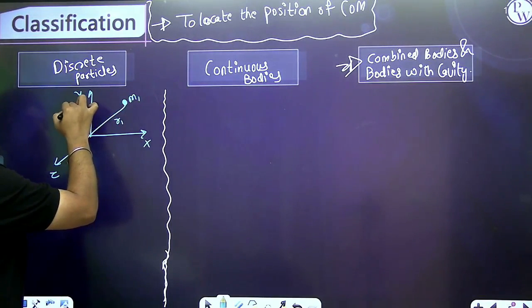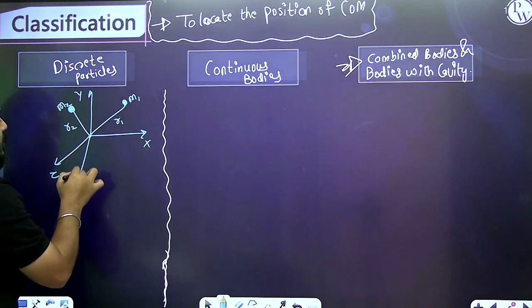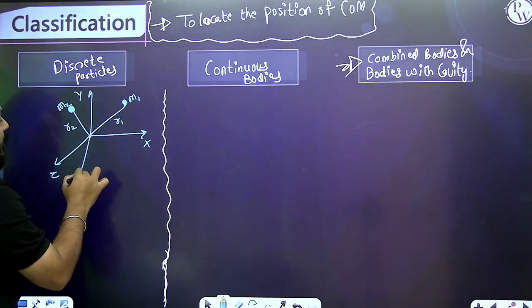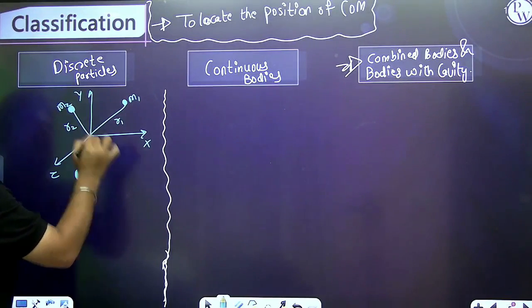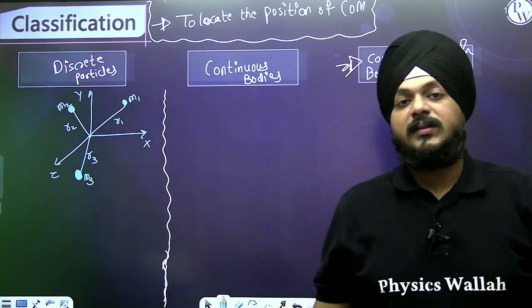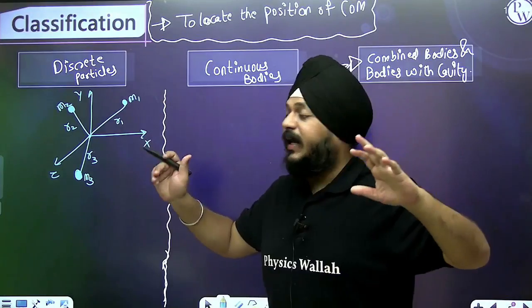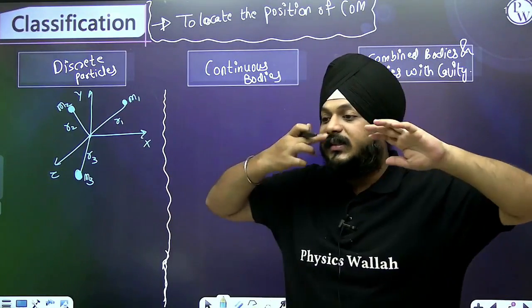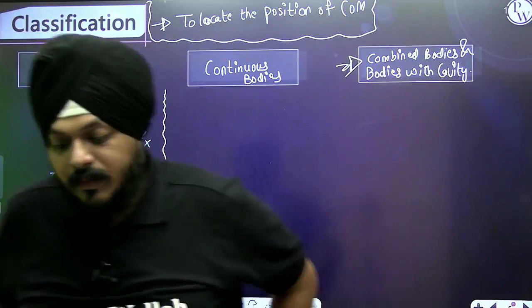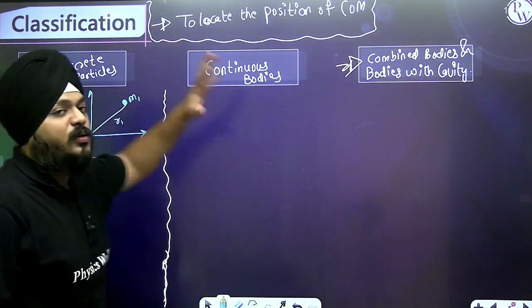This is the particle of mass m2 having position vector r2. This is the particle of mass m3 having position vector r3. Three masses, three particles. Each individual one is known as a discrete particle, and these discrete particles combine to form the system.